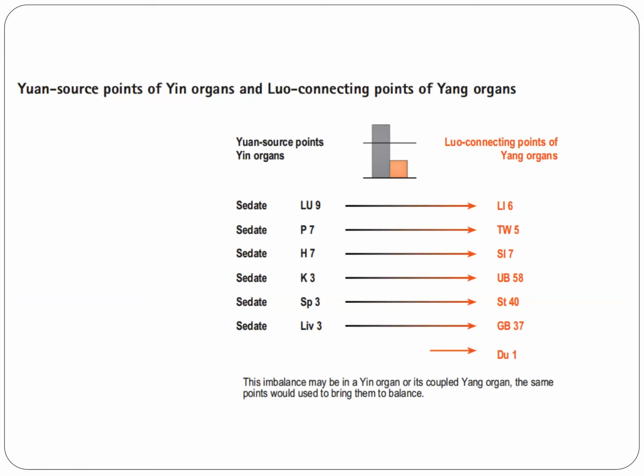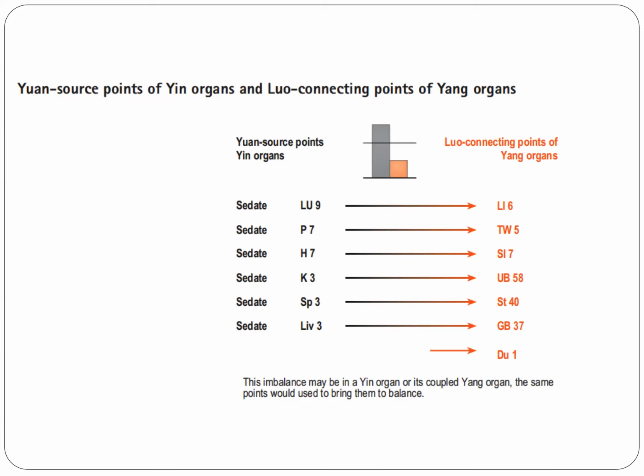So here we have the yuan source points of yin organs and the luo connecting points of the yang organs. If you sedate lung 9, that's the yuan source point, this will impact LI6, which is the luo connecting point. So it's basically yuan source points and luo connecting points.